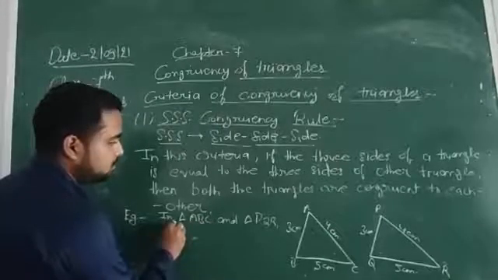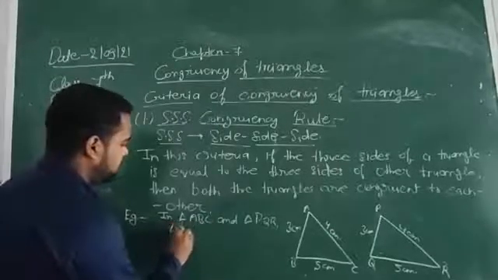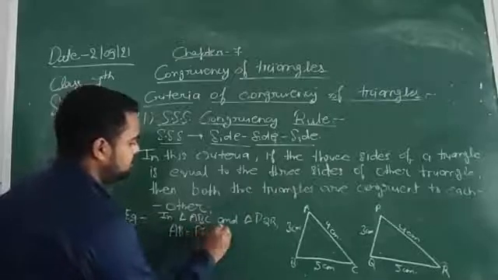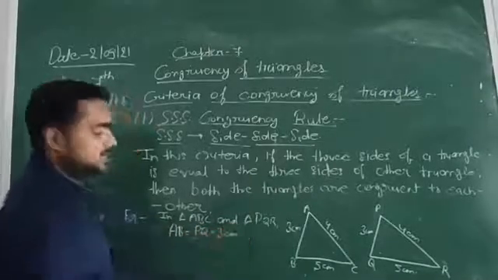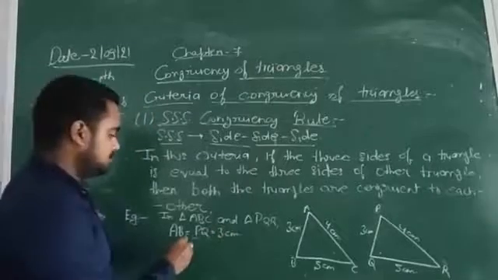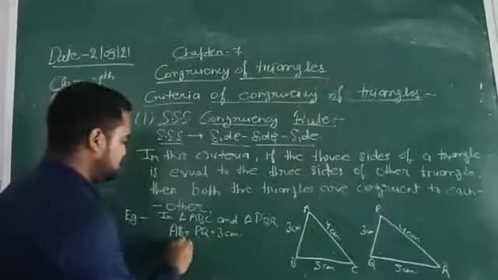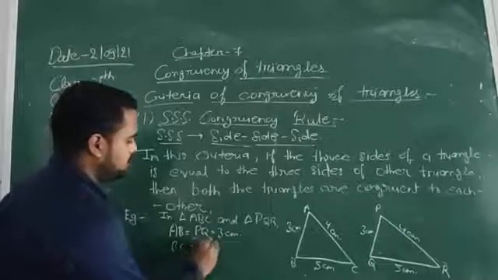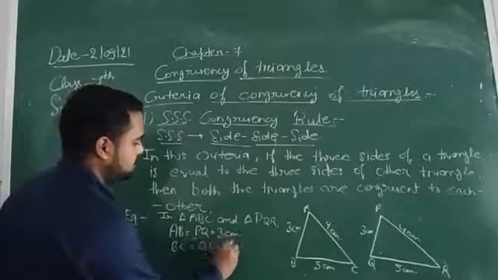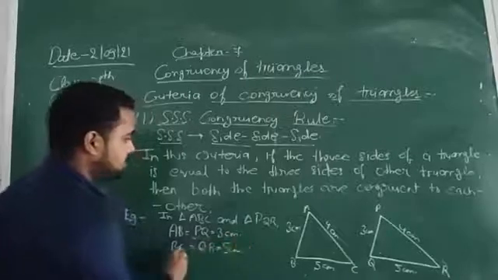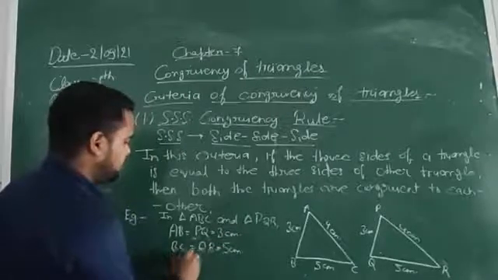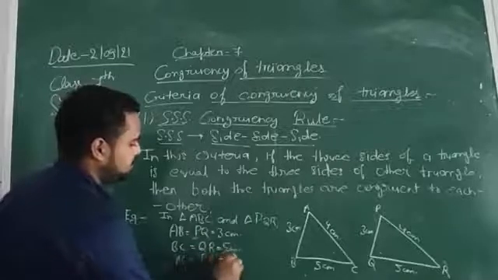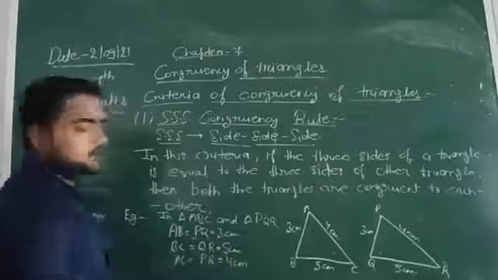So side AB is equals to side PQ, which is of 3 centimeter, and side BC is equals to side QR, which is of 5 centimeter, and side AC is equals to side PR, which is of 4 centimeter.